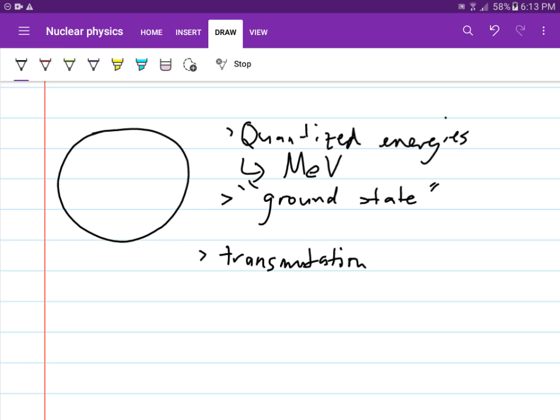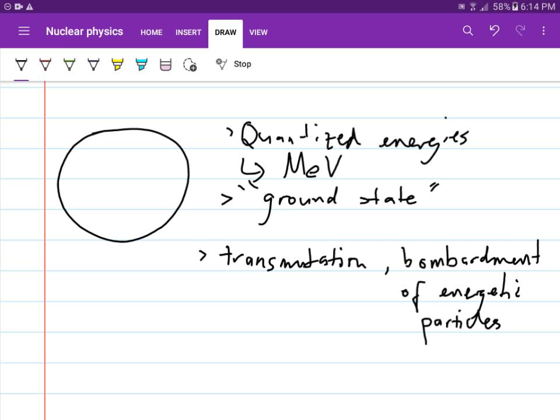So the nucleus can be excited either by means of transmutation or by bombardment of energetic particles.